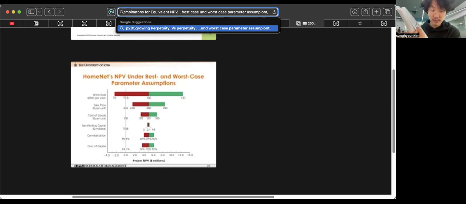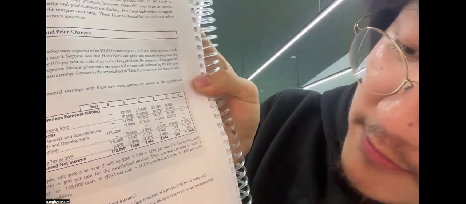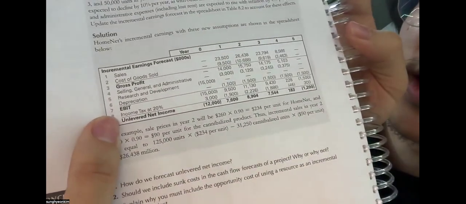In the book, what it is showing is just sales, cost of goods, and calculating unlevered net income. It seems the same as net income in the income statement formula, but in this book it's very simplified.